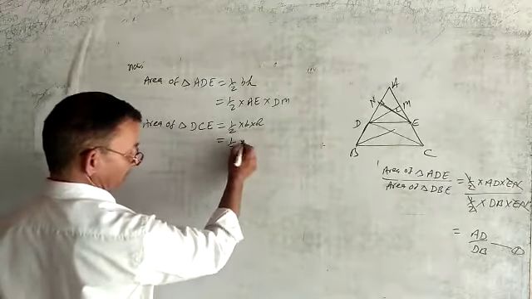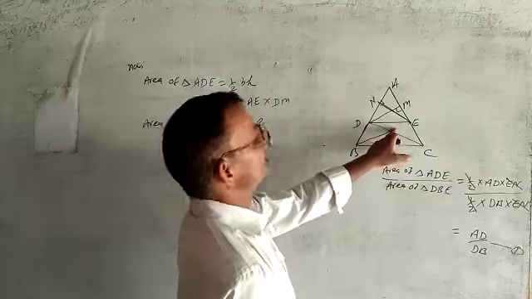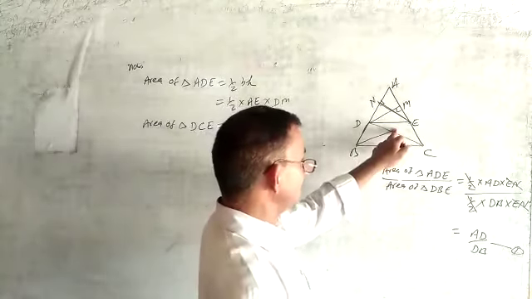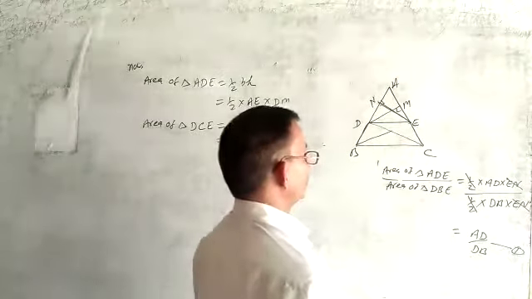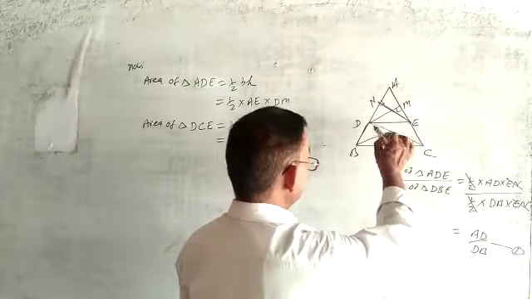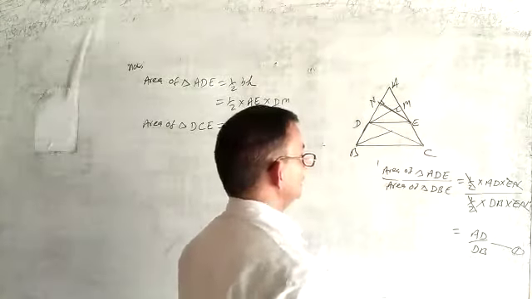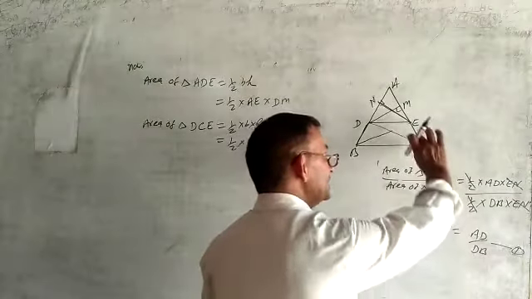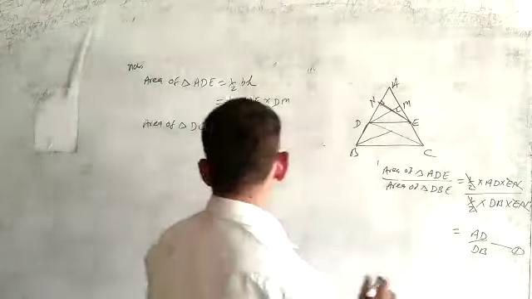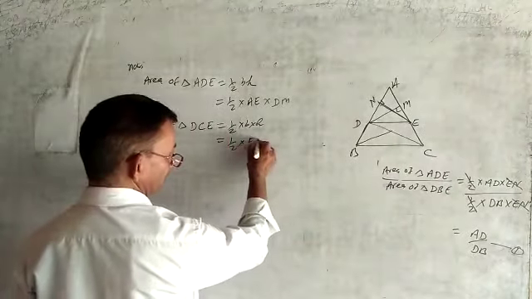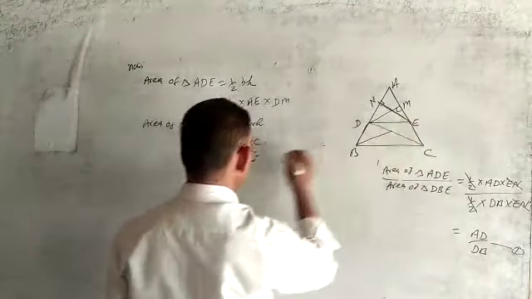This triangle is an obtuse angle triangle, so DM will be perpendicular and EC will be the base.